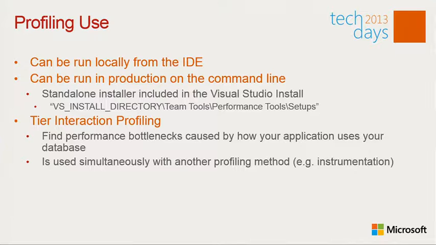And tier interaction profiling can actually be used simultaneously with one of the other profiling methods, for example, instrumentation. And in fact, I'm just going to go ahead and give you a demonstration of what that looks like right now.